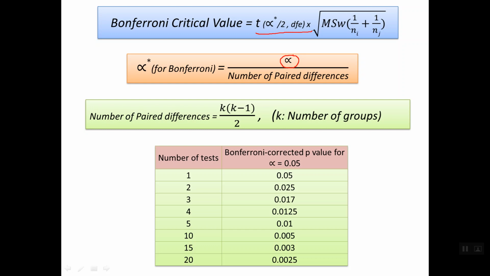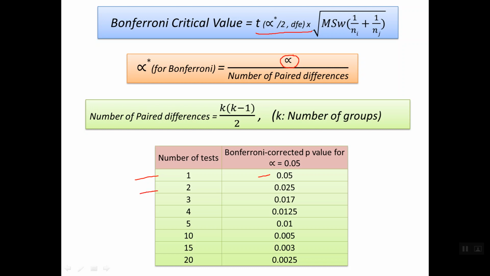So simply we can find the value of alpha star. Regarding the value of the corrected p-value for Bonferroni, or alpha star, if the original value of alpha is 0.05 and we have only one pair, which means that we have two means only, the value of alpha is 0.05 divided by 1, which is the same. So there is no change in the value of alpha.